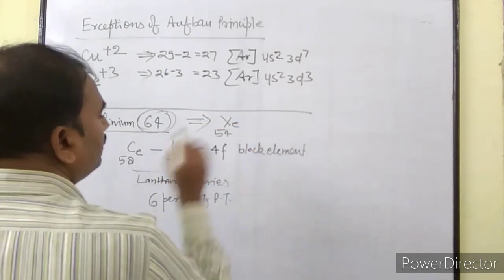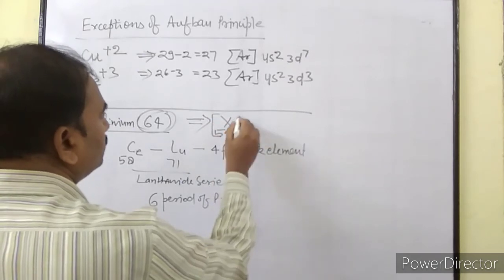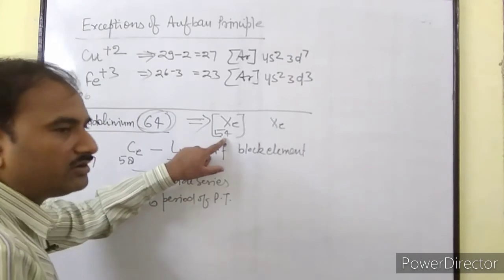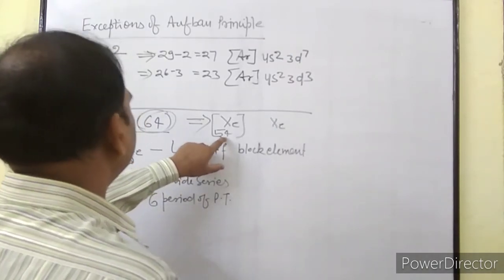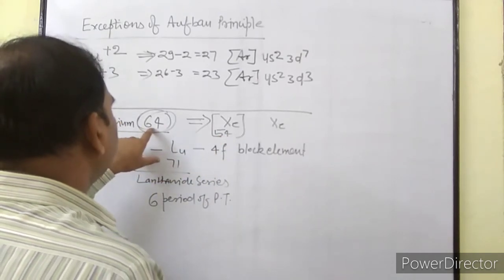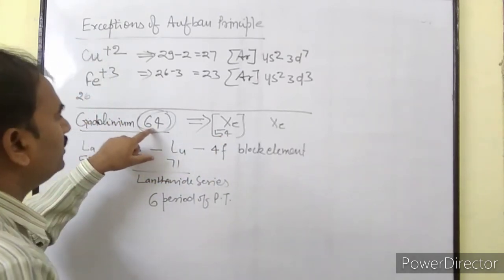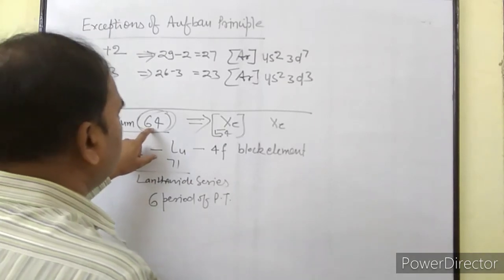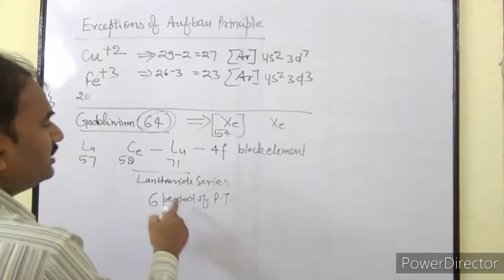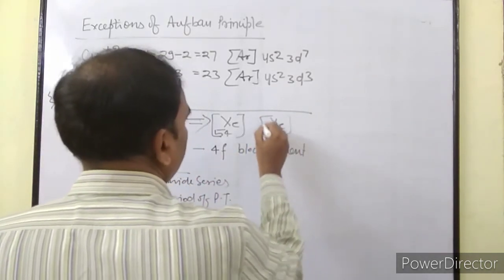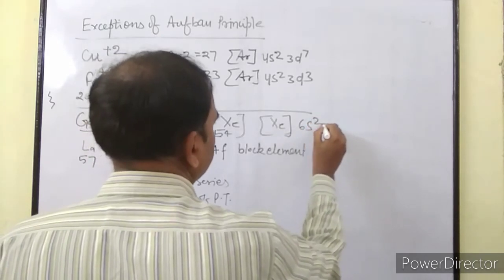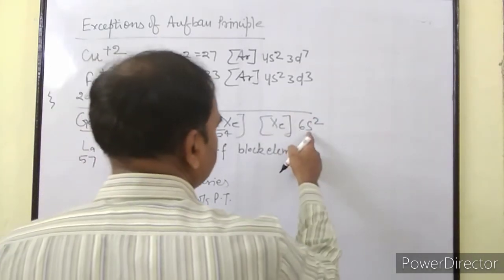So we can write the electronic configuration of this element by xenon 54. So we can write this Xe. 54 electrons are arranged here, rest electrons are 54 and 64, difference is 10. So we have to set only 10 electrons, and we know that sixth period means it will start by 6s2.